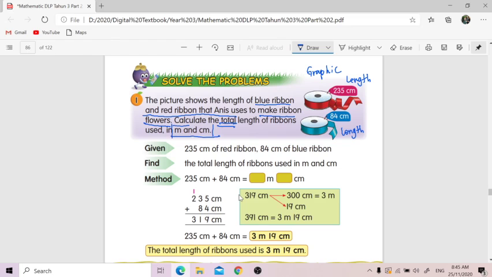So these are the keywords, and this is what is needed. In length or whatsoever, it's not like a whole number addition, whereby it needs this unit. So you need to be careful what unit it needs you to give. If it says in meter and centimeter, you need to write in meter and centimeter.